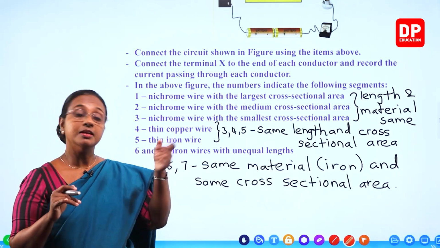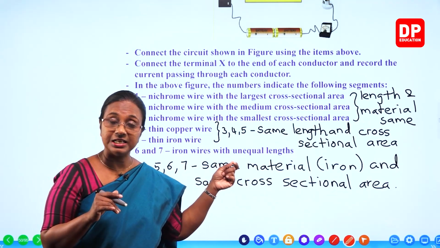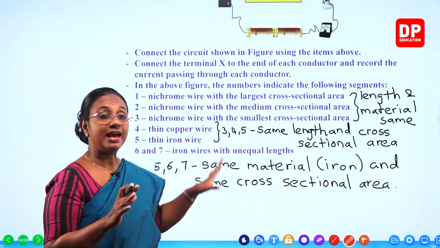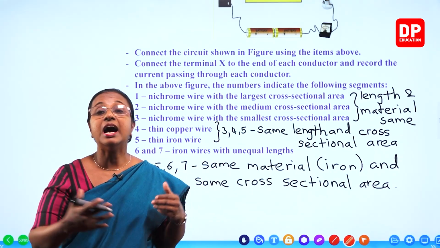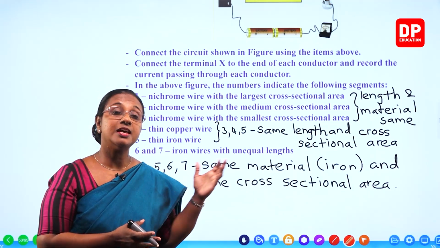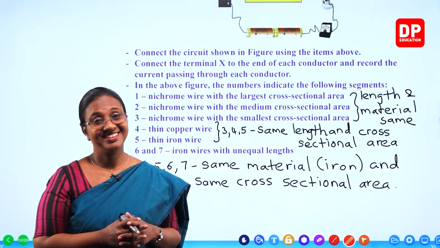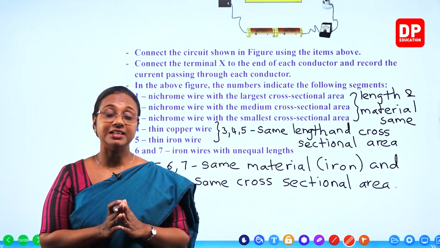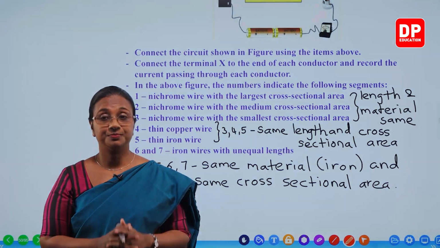Connect the circuit, connect the point X of the conducting wire to each conductor, get the ammeter reading. So then you will have a set of data. From that information, you can understand how the 3 factors affect the resistance of a conductor. So I am sure students, you all can understand this activity clearly. So let's go to the lab and do the activity now.